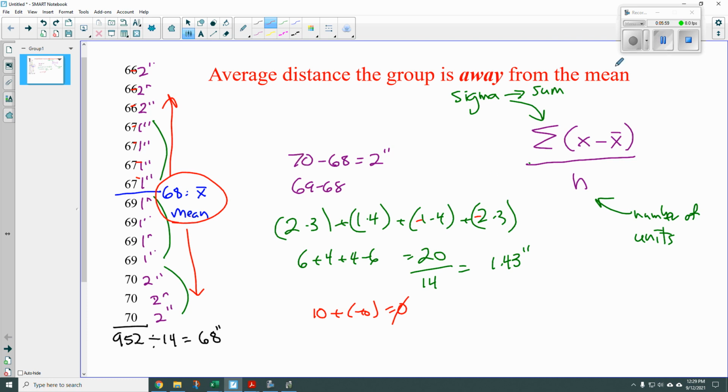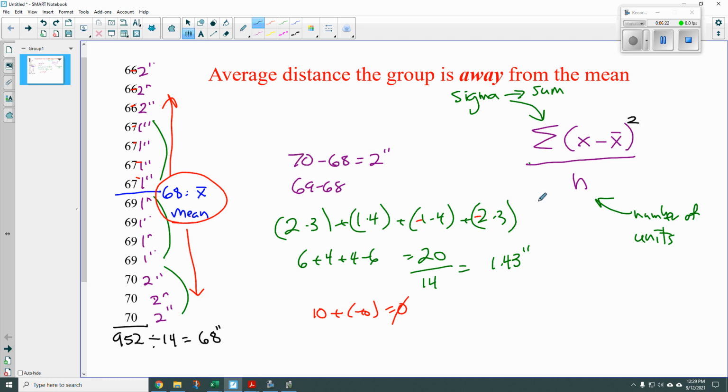So what we do in statistics is, instead of taking the absolute value, we take this x minus x bar, the data point minus the mean, and we square it, because that takes our negative numbers and makes them positive numbers.